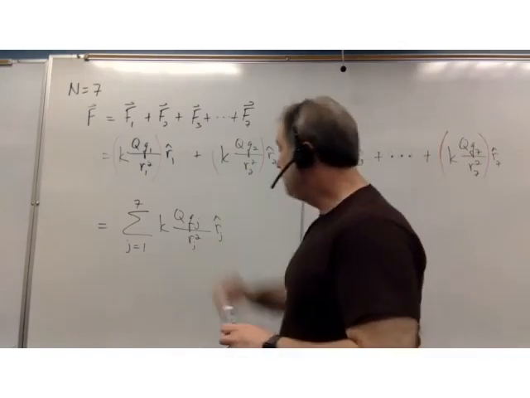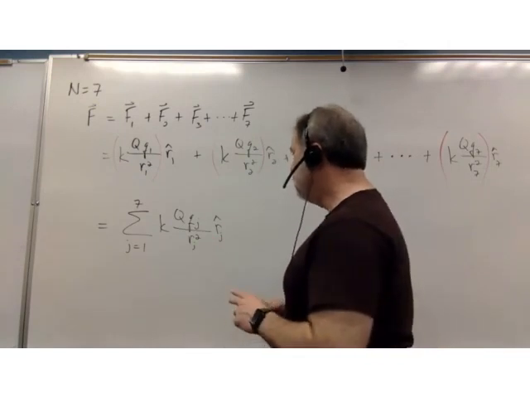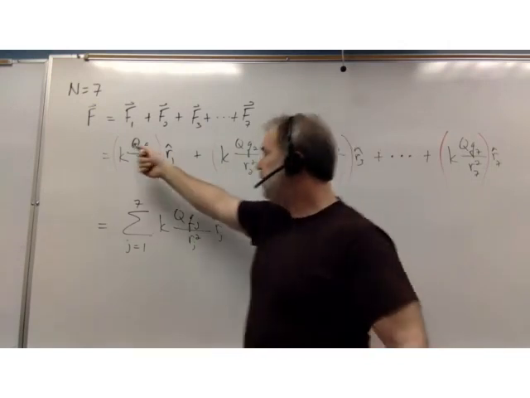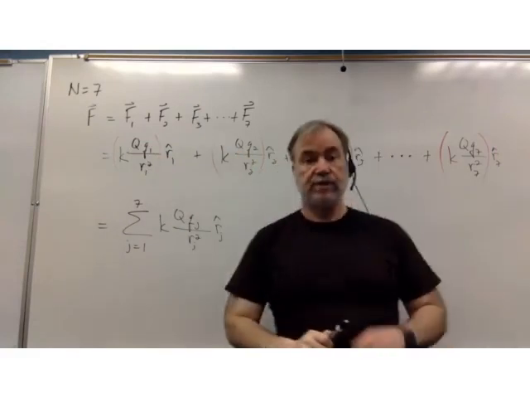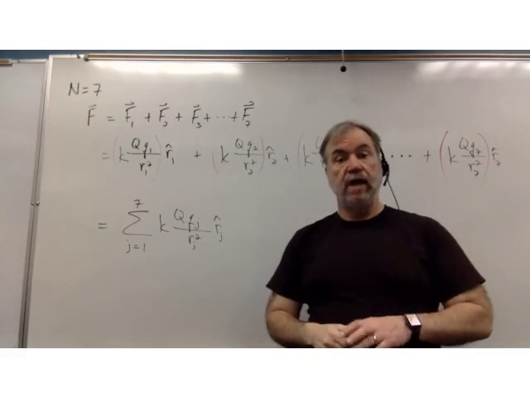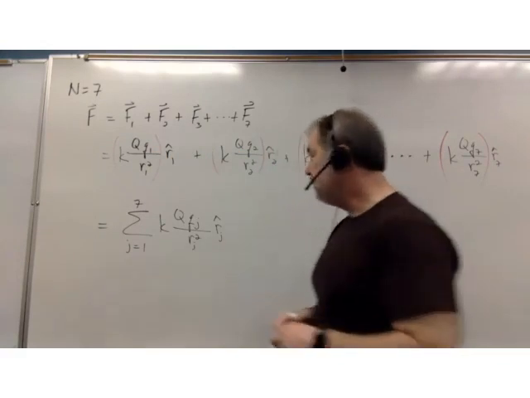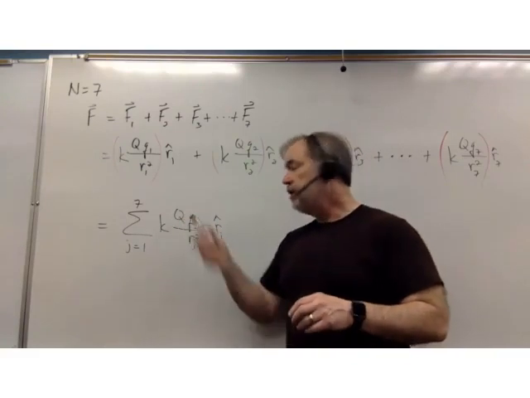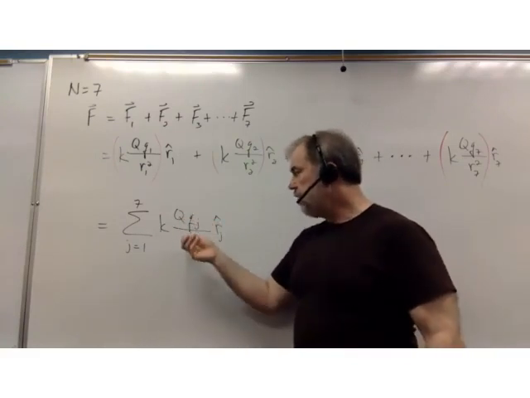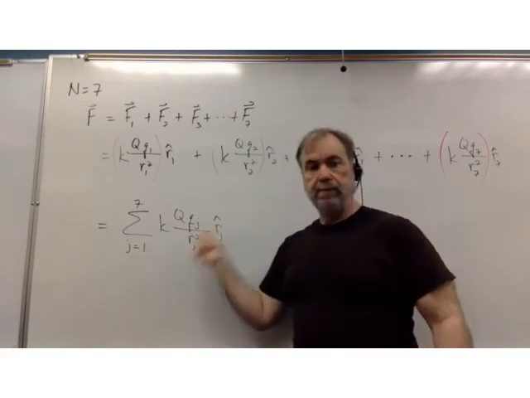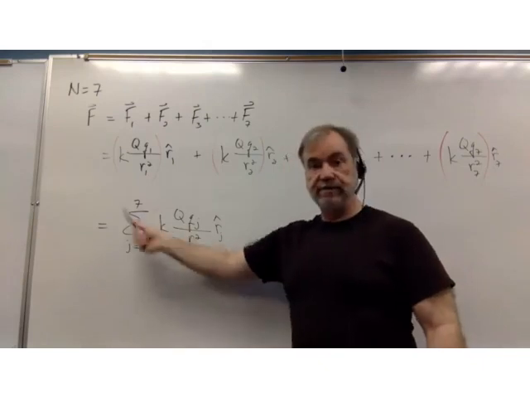I'm going to take this one step further here. I'm going to notice that the test charge appears in every one of these terms, so it's a common factor, and so I can factor it out. The value of q sub j and the value of r sub j depend on which particular value of j you're talking about. So j is just the index variable, right?